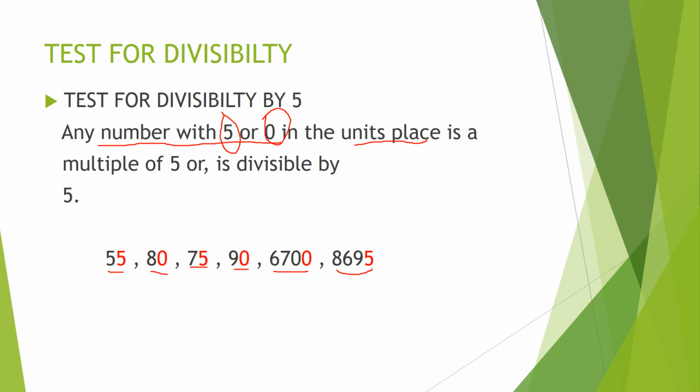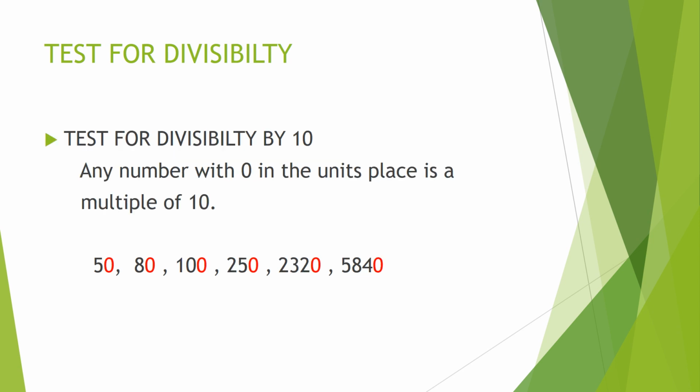So isn't it easy, children? Just by looking at such a big number as 8695, you can easily say that it is divisible by 5. In the units place you have 0, here also in 80 you have 0 in the units place.